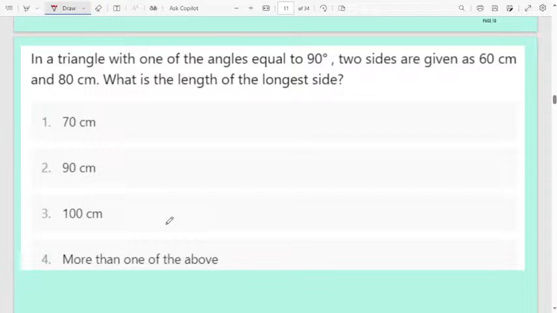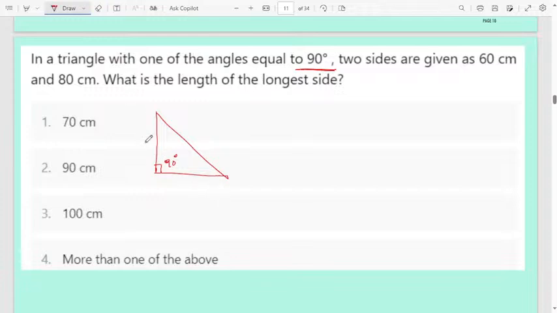Next question, this one is easy, you can do it directly. In a triangle with one of the angles equal to 90 degrees, you can consider this a right angle triangle. Two sides are given, 60 centimeter and 80 centimeter.